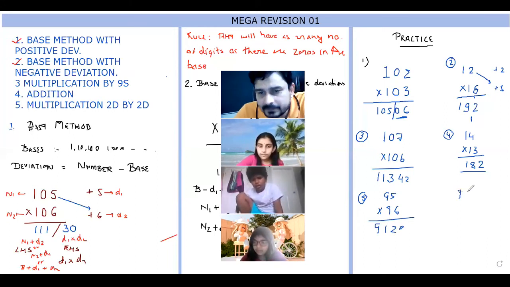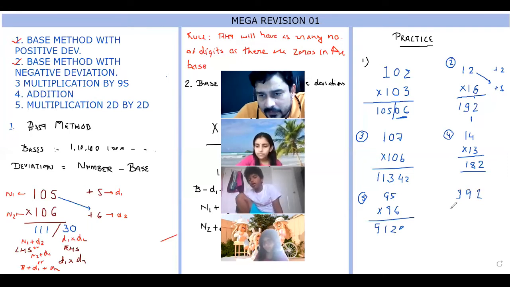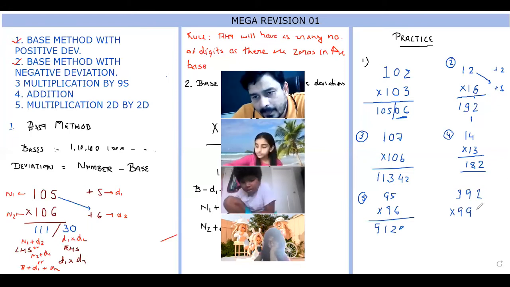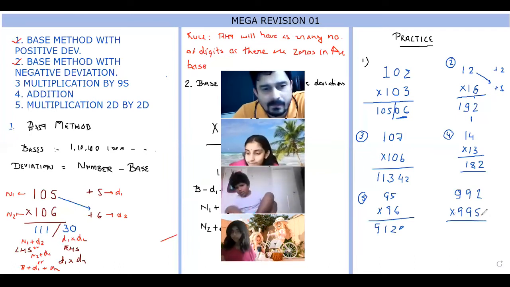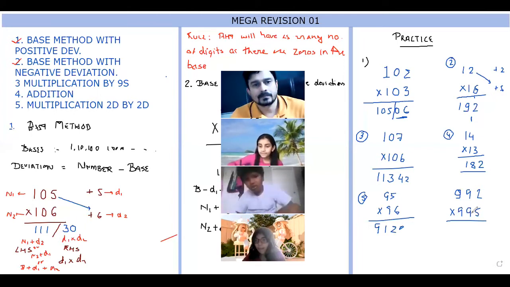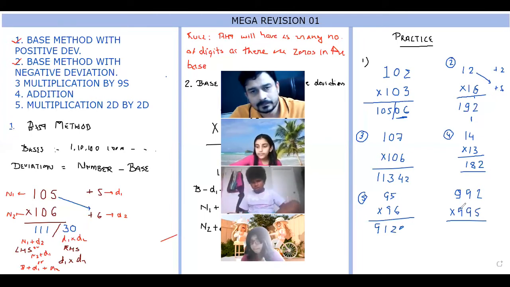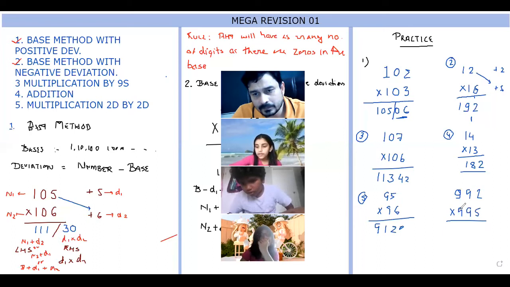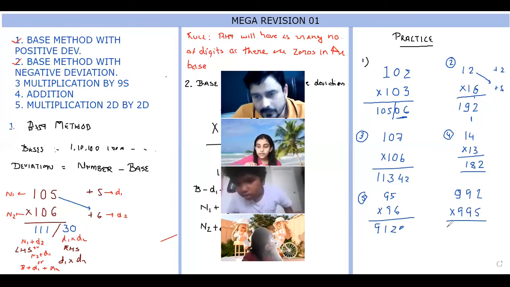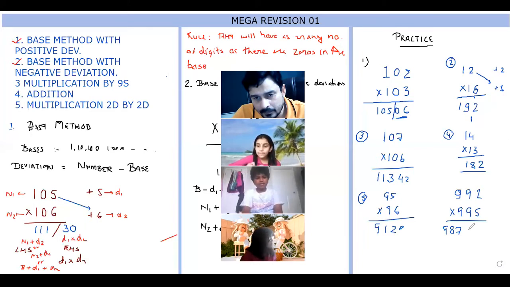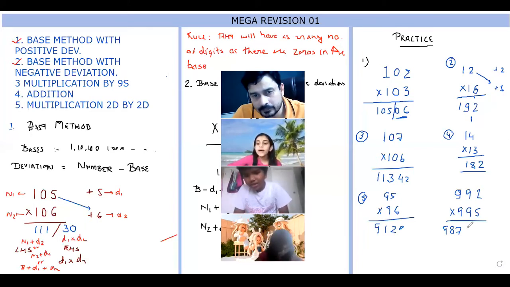992 into 995. 992 times 995. The answer is 987040.